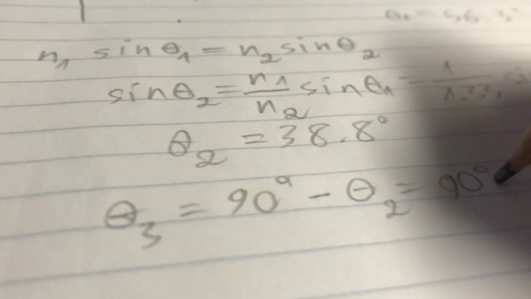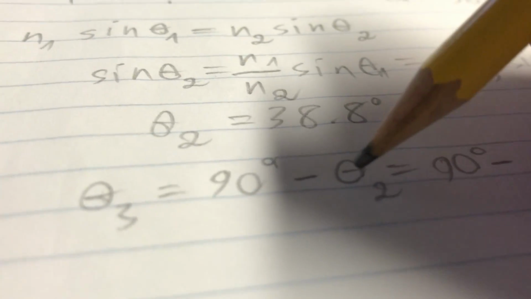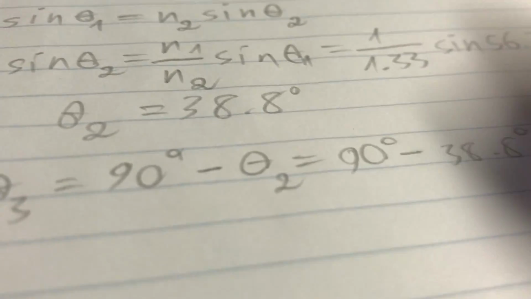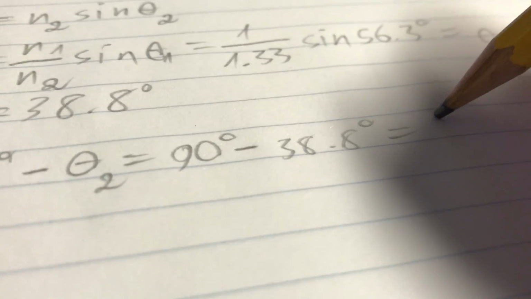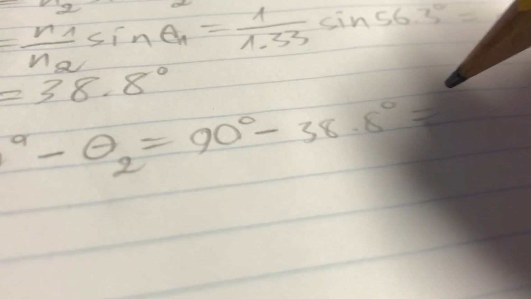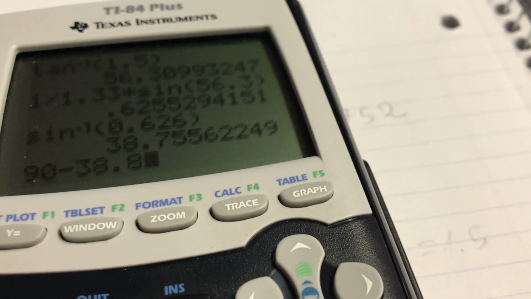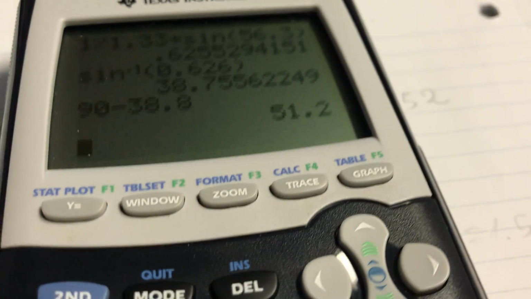We substitute theta 2 with 38.8 degrees. We can use the calculator to make sure: 90 minus 38.8 is 51.2 degrees.